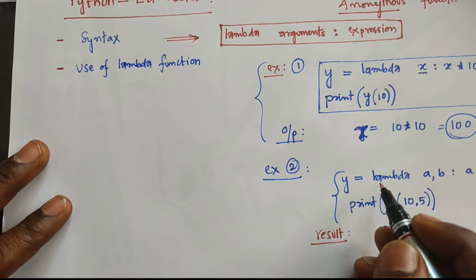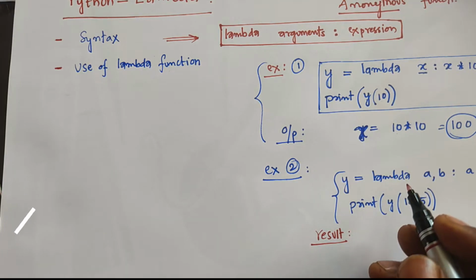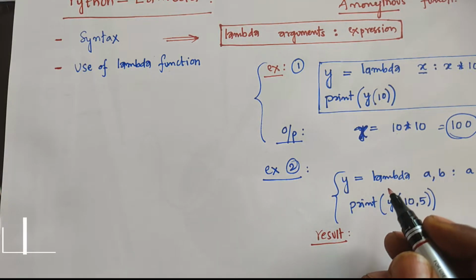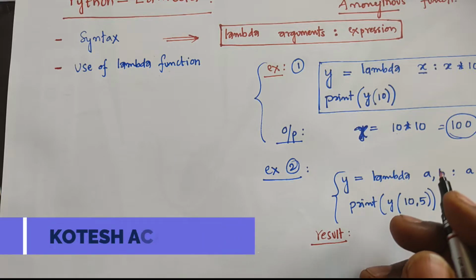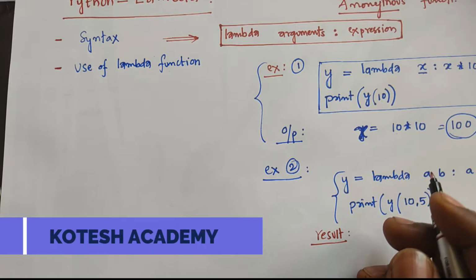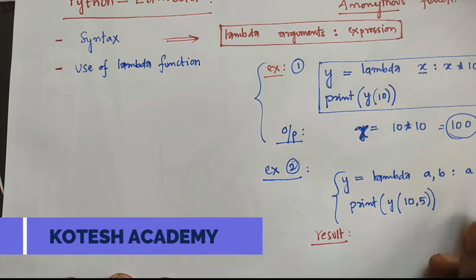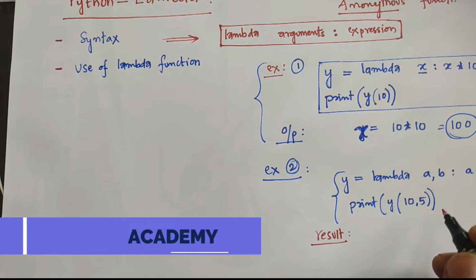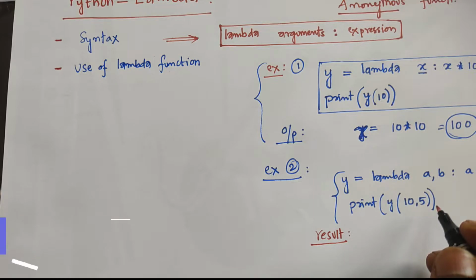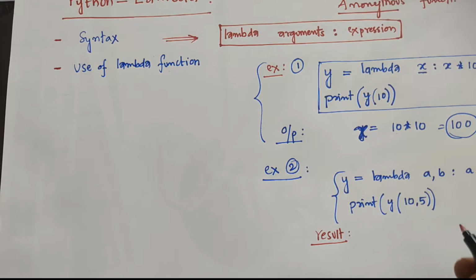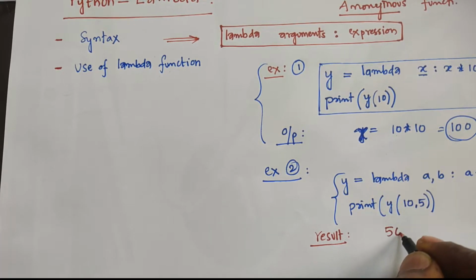After execution of this, we will get the result. In the y function, the arguments are 10 and 5. So the lambda has only one expression, but we are using multiple arguments. The final result is 10 into 5, the result is 50.